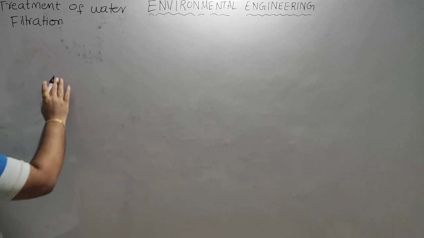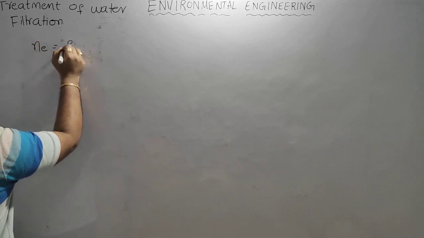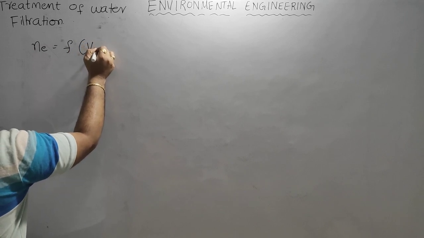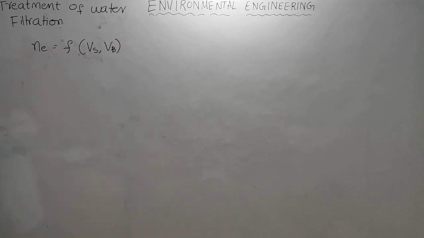So the expanded bed porosity depends on the settling velocity of the particle and the velocity of backwash. See here, the expanded bed porosity depends on two things: one is the settling velocity of the particle and the other is the velocity of the backwashing, because expanded bed porosity is not affected by head loss.